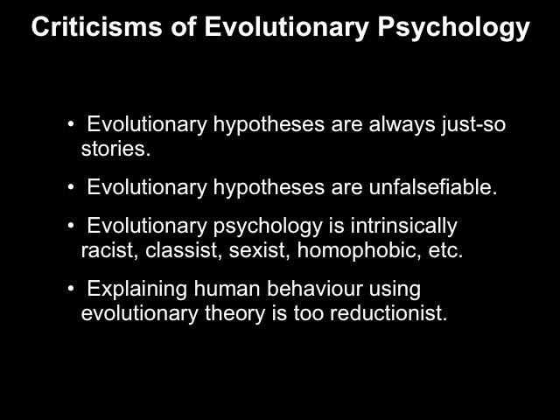But I think having a basis in looking at the behaviors that we share with all other organisms, and if it's helpful to use evolutionary theory to understand, say, mating behavior in all other mammals, we can probably use some of that information to help us understand our own mating behavior, our own parental behavior, our own social behavior.